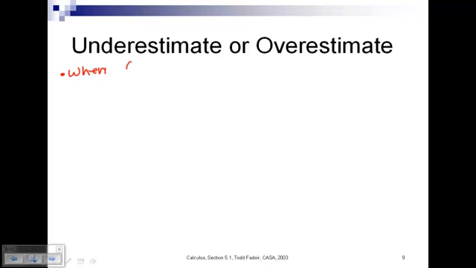When f is increasing, RRAM overestimates.